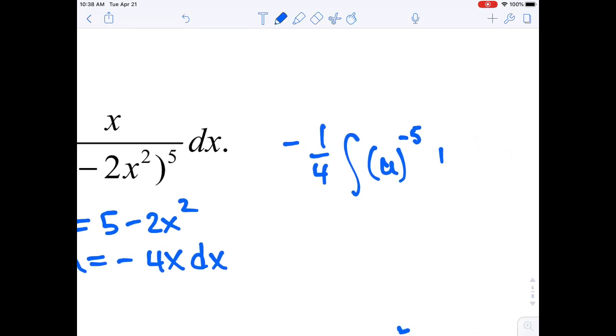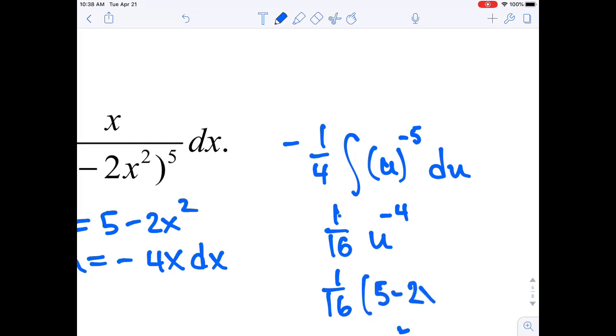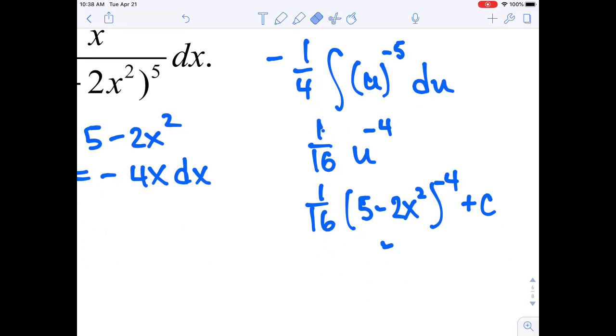I wouldn't have had to put parentheses there. So we add 1 and divide by that. So this is 1/16 (5 minus 2x squared) to the negative fourth. Or you could have it rewritten as a fraction.